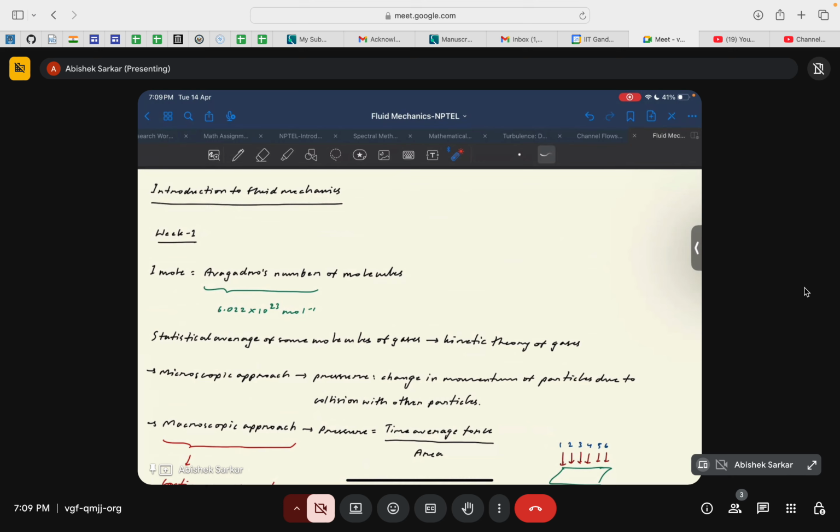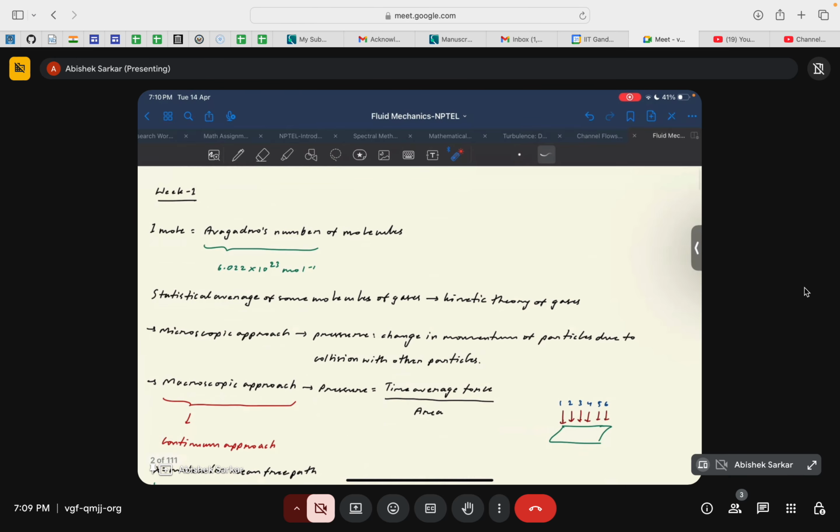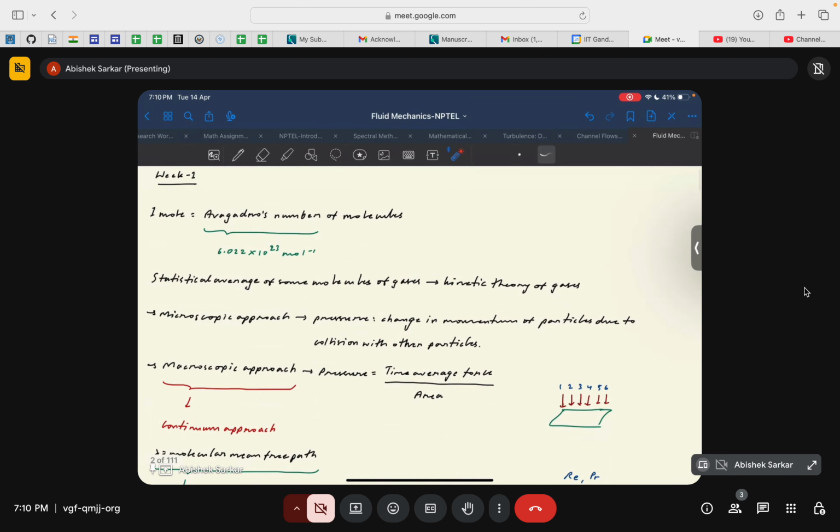In the first week, it was the foundation of our discussion. We introduced the concept of the microscopic and macroscopic approach, which eventually turned out to be the demarcation between the Lagrangian and Eulerian approach.